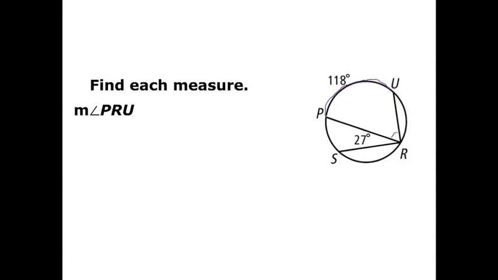So that's the arc that angle PRU is intercepting, this 118 degrees. Well, our rule says that this inscribed angle PRU is going to have to be half of its intercepted arc. So the measure of angle PRU is half of arc PU, and half of 118 is 59 degrees.